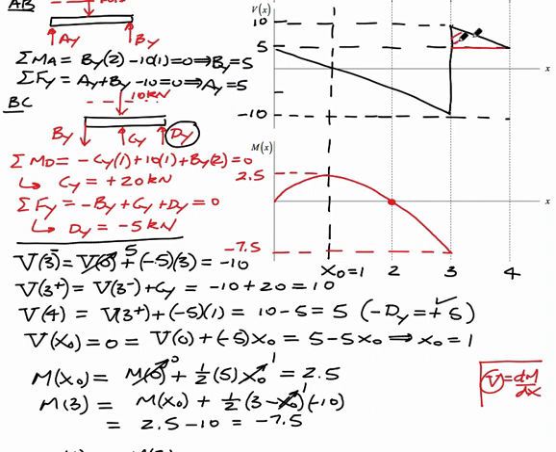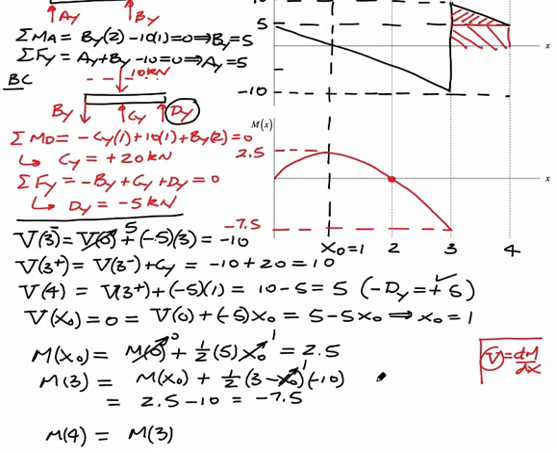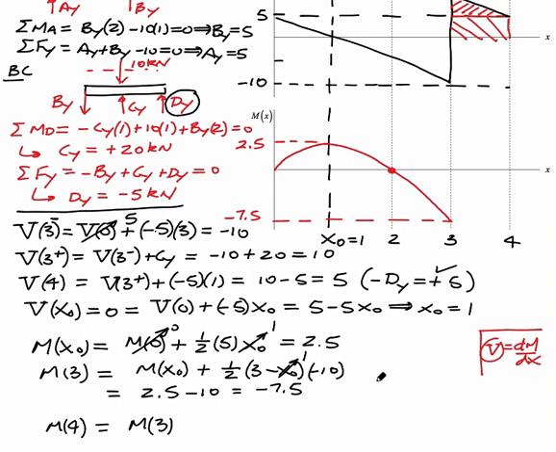I've got a triangle, area is 1/2 the base times the height, and then I add on to that a rectangle. So the area in this case is going to be equal to the triangle on the top, 1/2 times 5 times 1. The rectangle part is going to be equal to 5 times 1.